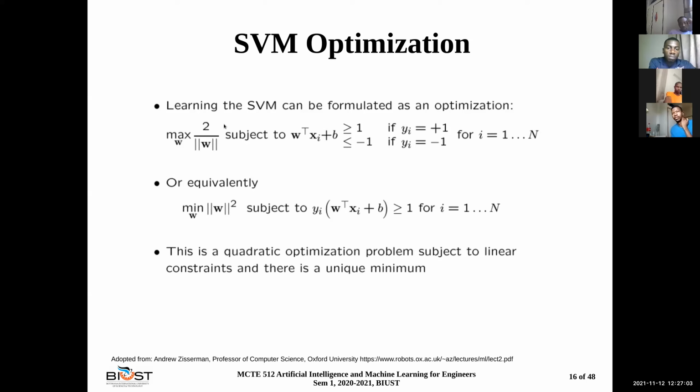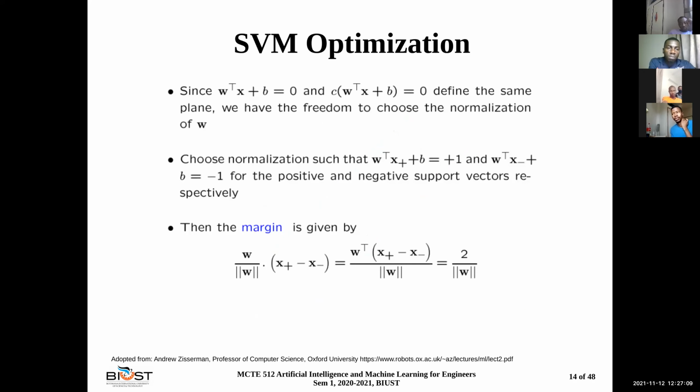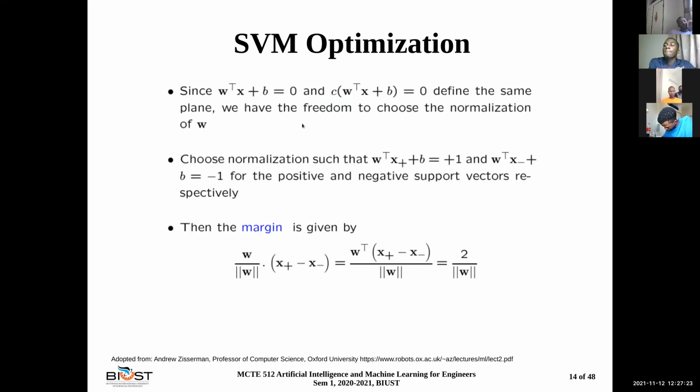Did I mention to you how we arrived at this 2 divided by the norm of the weight for the margin? We'll consider this. On the separation line, w^T x + b is equal to 0.